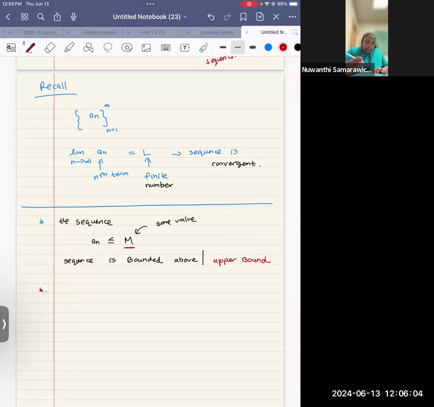Let's visualize this one. Let's say your sequence is like this, an increasing sequence.